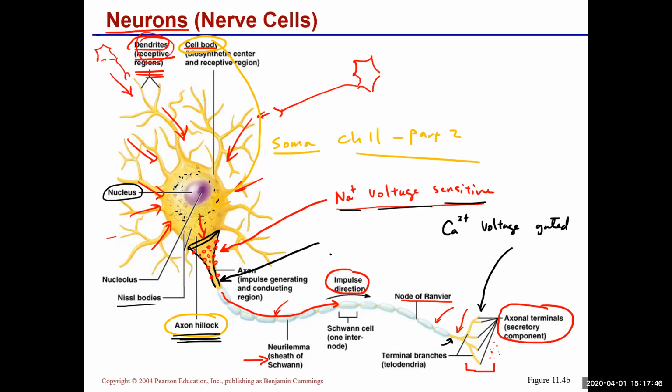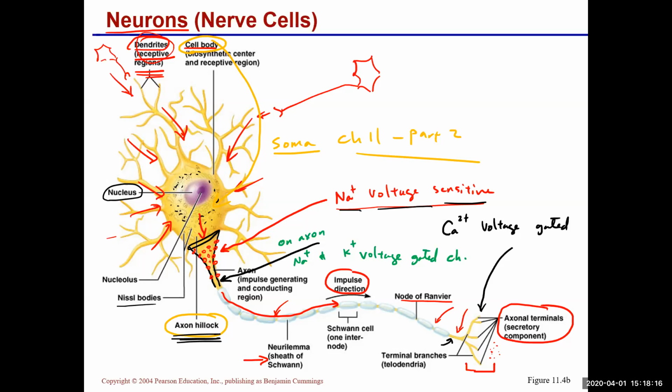But on the regular axon, maybe I should use a different color. On the axon, we will have sodium and also potassium voltage gated channels. When I say voltage gated channel, that means they're sensitive to voltage changes.